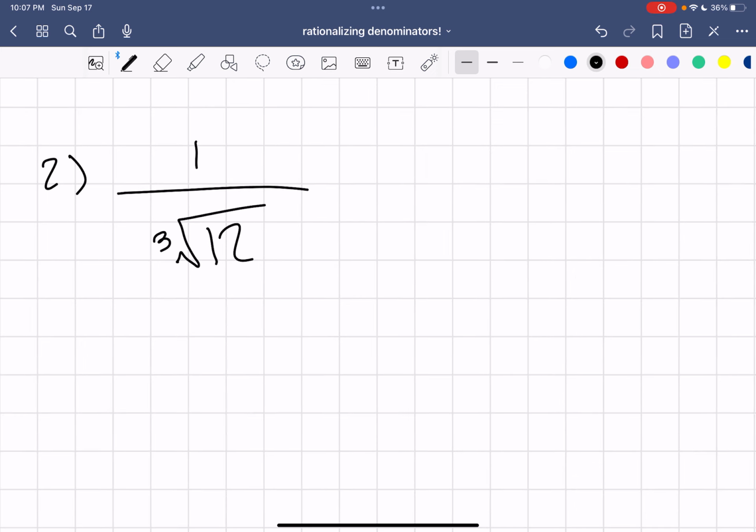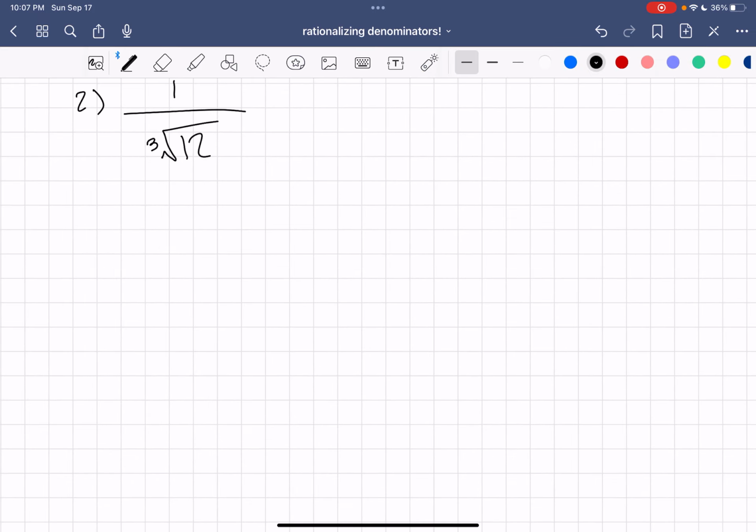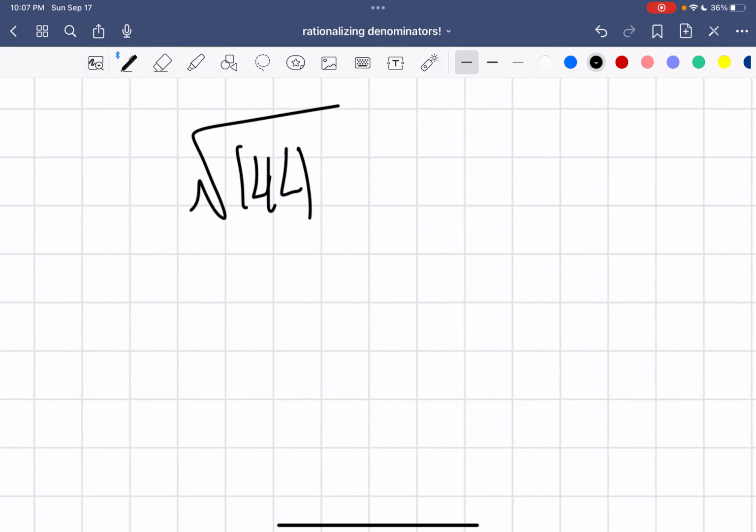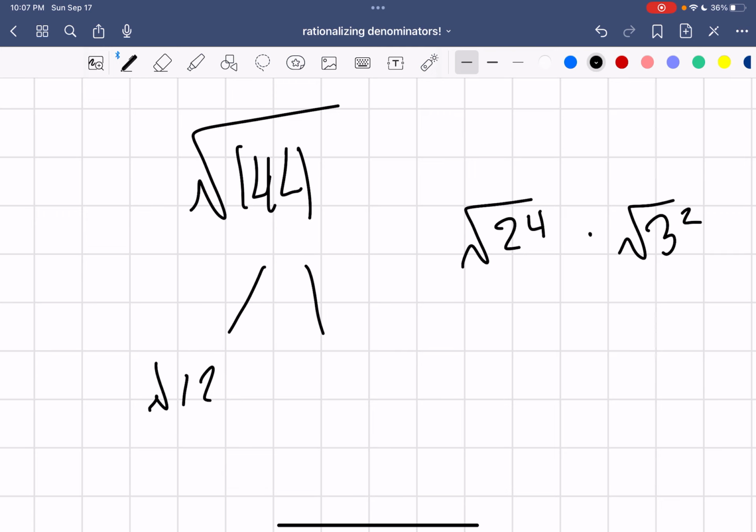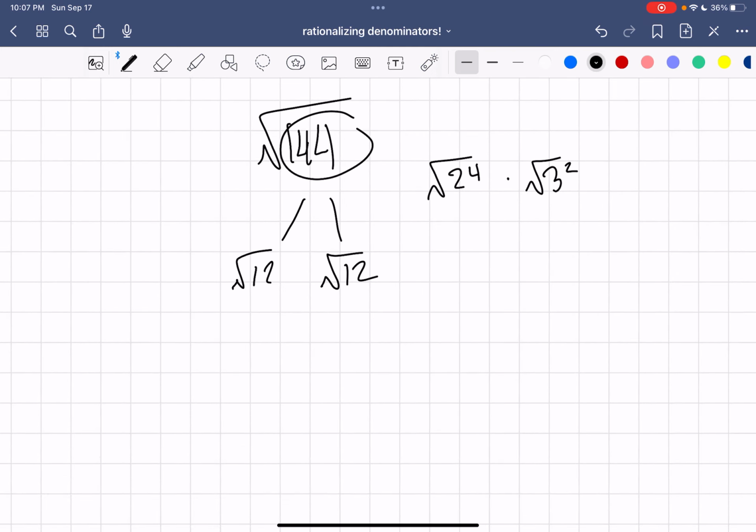So in the last video, I derived the square root of 144 from 4 times the square root of 3 squared, because it's the square root of 12 times the square root of 12, since the square root of 144 is 12.